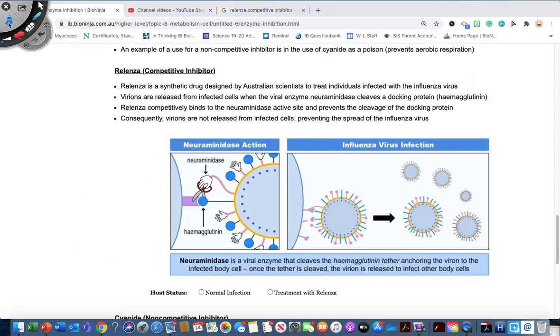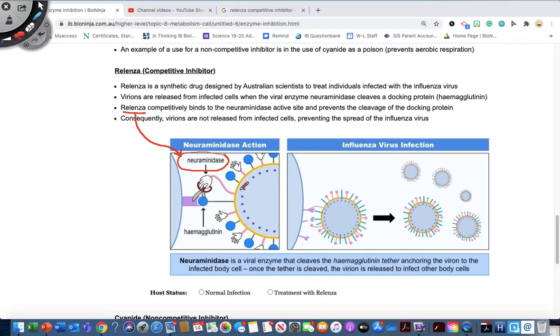So now let's look at how Relenza works. Relenza is a competitive inhibitor. If this is the enzyme that's responsible for the docking process, Relenza is going to competitively block the active site of neuraminidase. That means neuraminidase can't cleave the docking protein.